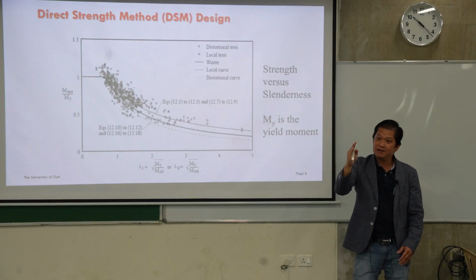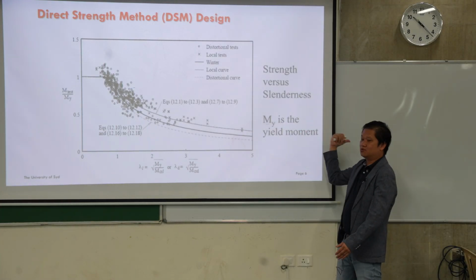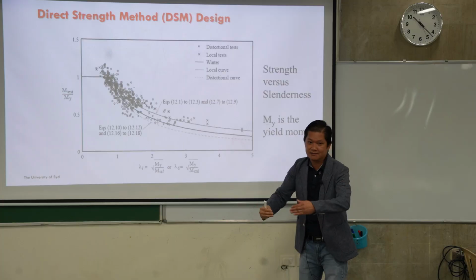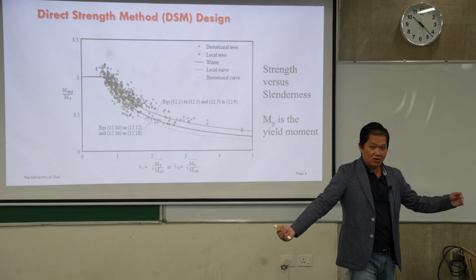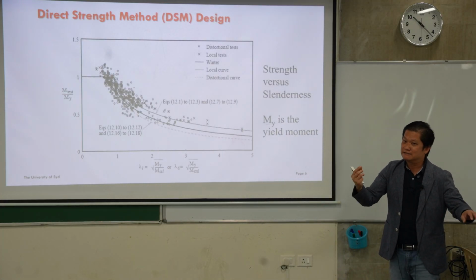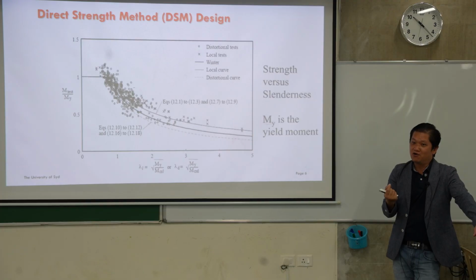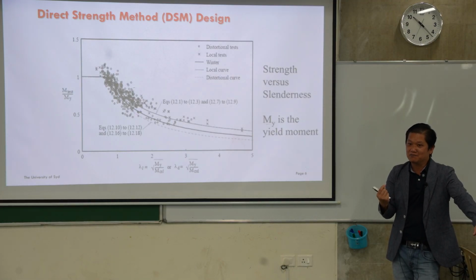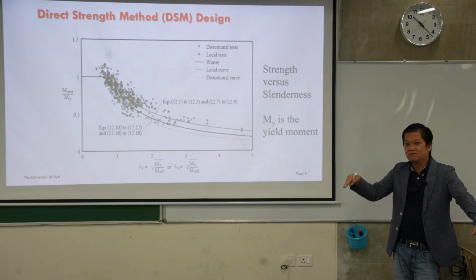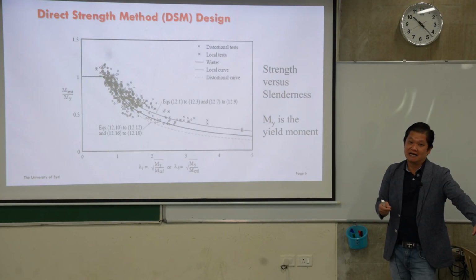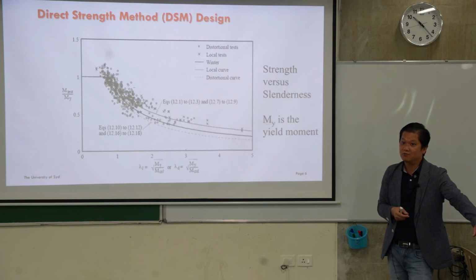So that's why he put that one down. But when you get to the right in here, when the member is getting longer, and you know that the residual stress in cold-formed steel is not that bad like in hot rolled steel. So that's why you can probably use the same approach for that curve. Okay? So that is how it works.